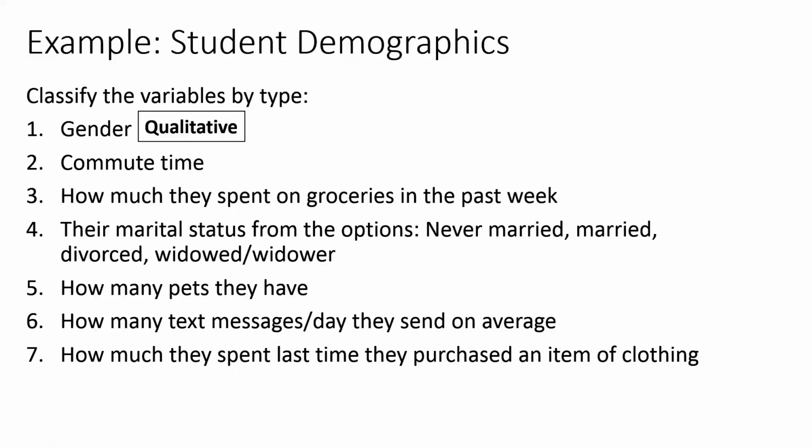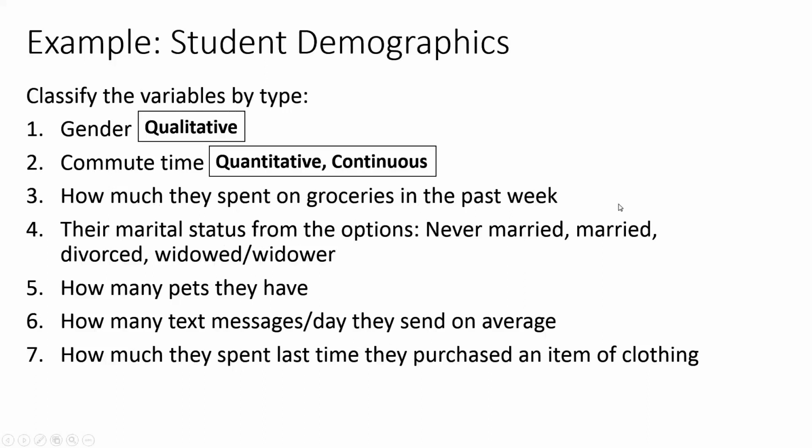I also think, if you think about commute time, you can record a commute time of, you could say, I commute for 15 minutes, or I commute for 15.1 minutes, or I commute for 15.76 minutes, right? There's an infinite number of decimals you could pick on a commute time. So we consider anything measuring time a quantitative continuous random variable.